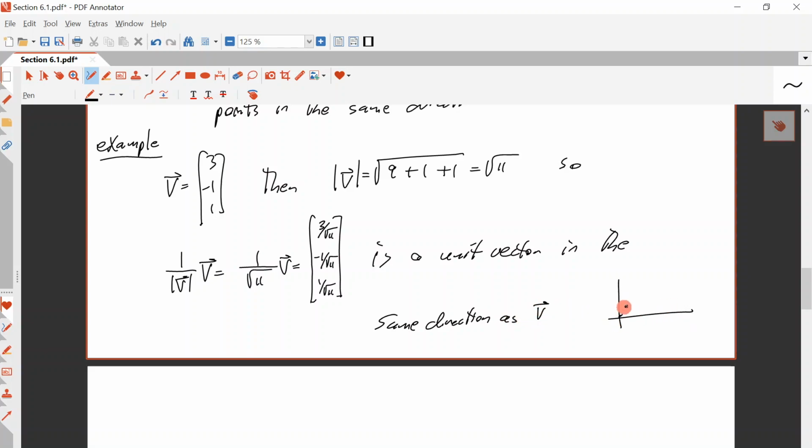So in other words, if v has length bigger than 1, then it gets shorter. If it has length less than 1, it gets stretched a little bit. So there's v, and there's the unit vector 1 over the length of v times v.